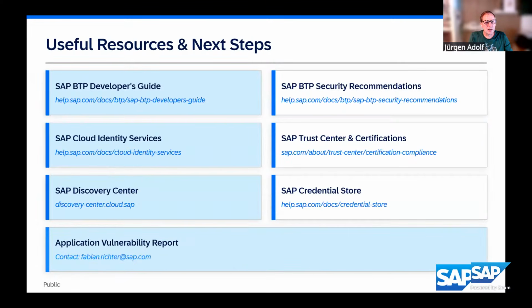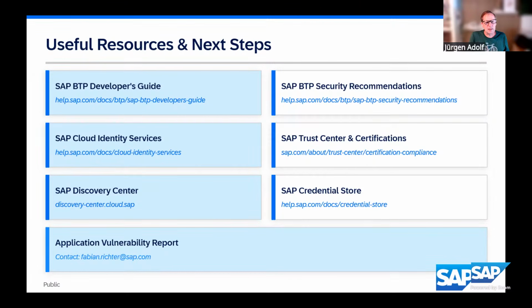And then here there are key resources from today's session. One, the SAP BTP developer guide and security recommendations. You can bookmark them, and the Cloud Identity Service documentation covers everything about identity provisioning and authorization. The SAP Trust Center is where you can get all the definitions and compliance details and legal terms.